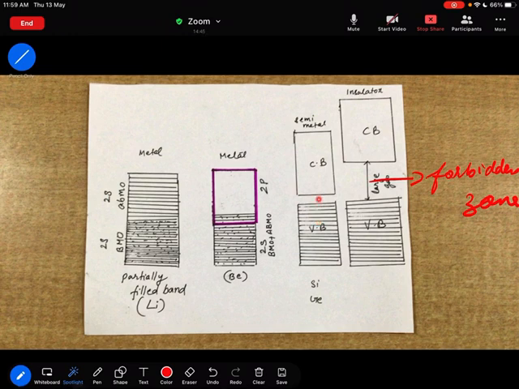When you increase the temperature, it gets heat energy, and more and more electrons can jump to the conduction band. Then we call it a semiconductor or semi-metal. Example: silicon, germanium. By heating, the conductivity increases. Such conductors are called intrinsic semiconductors.